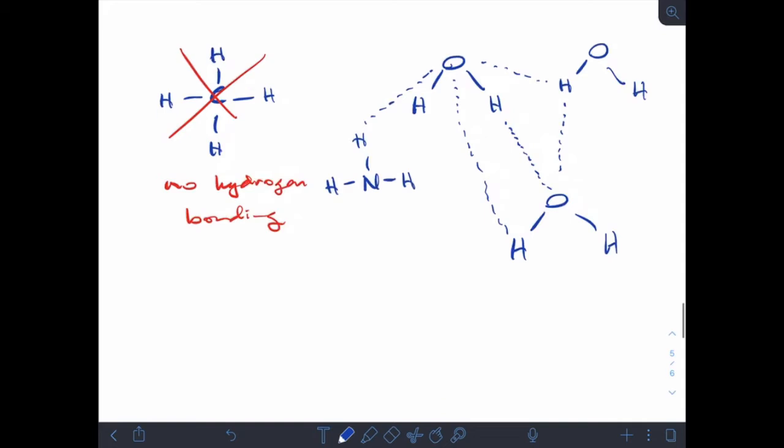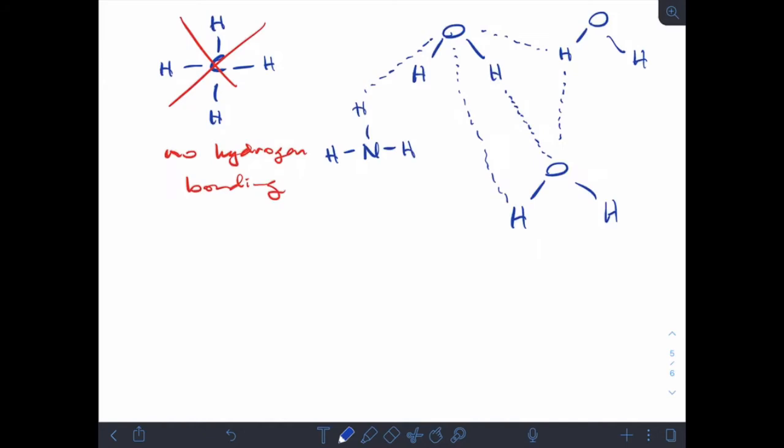So let's think about strength of hydrogen bonding. For example, H2O can accept 2 hydrogen bonds and donate 2 hydrogen bonds.